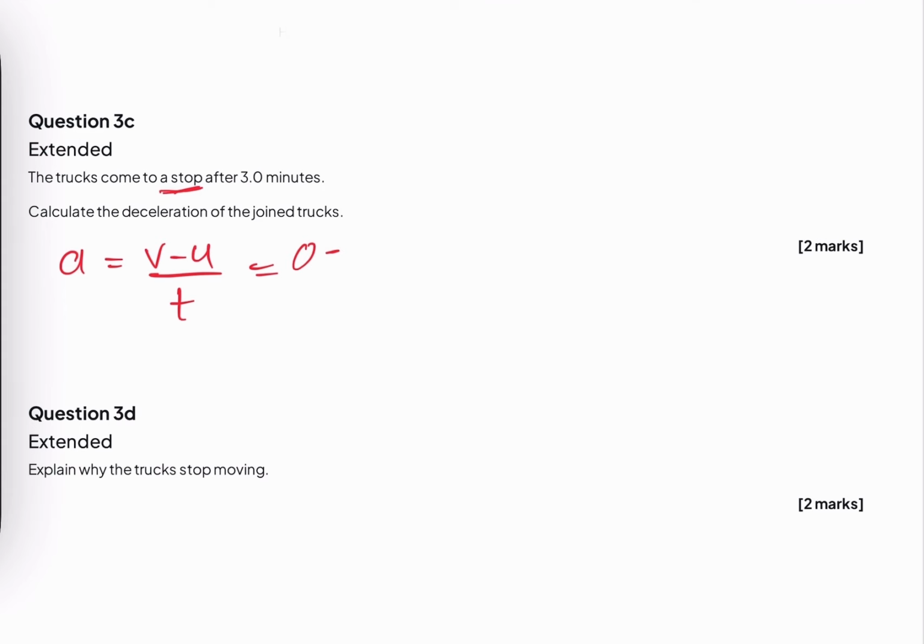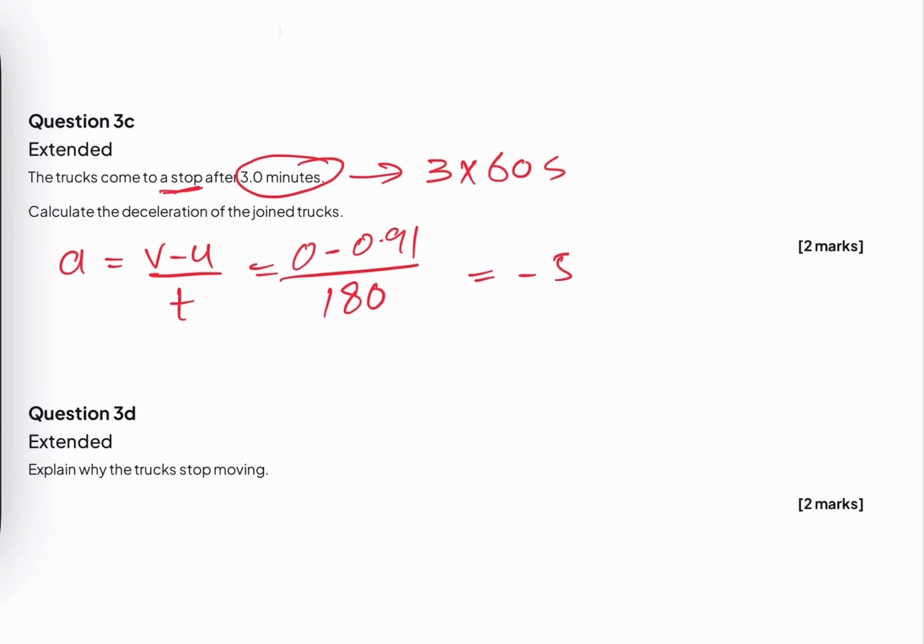Okay, so after the collision velocity was 0.91 and time, this is in minutes, you have to convert it into seconds. So 3 into 60 will give you seconds. Okay, it's 180. So the answer is minus 5.1 times 10 raised to power minus 3 meter per second squared.